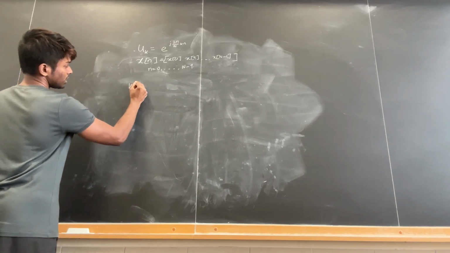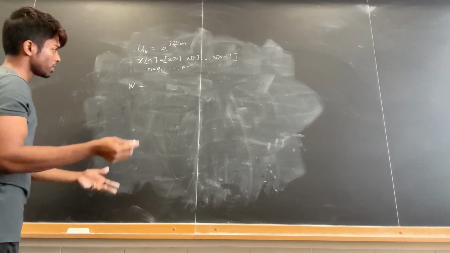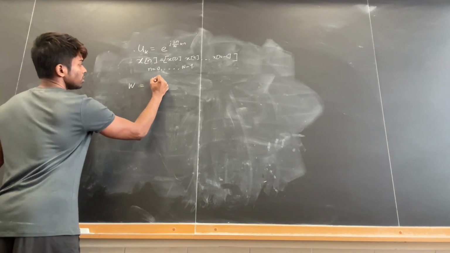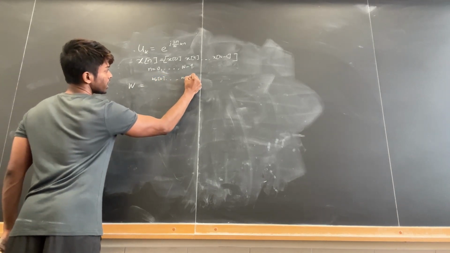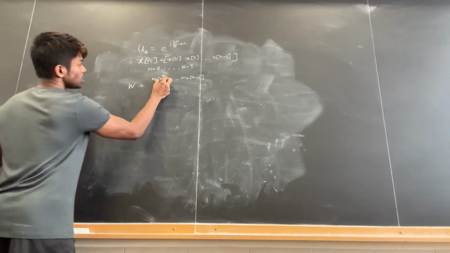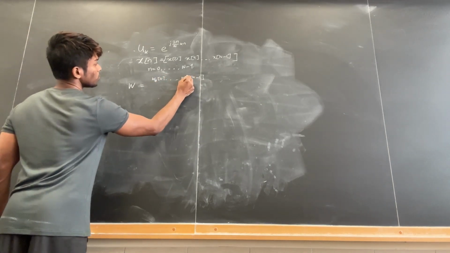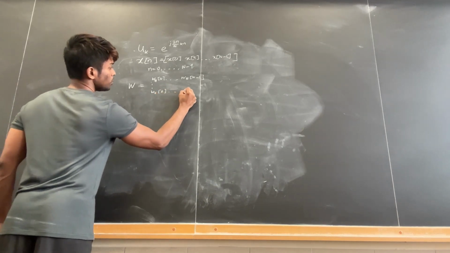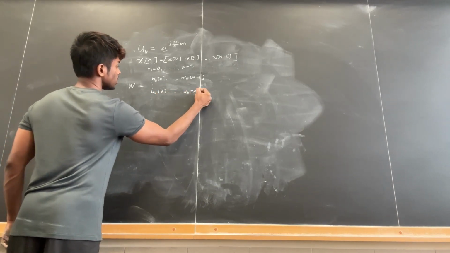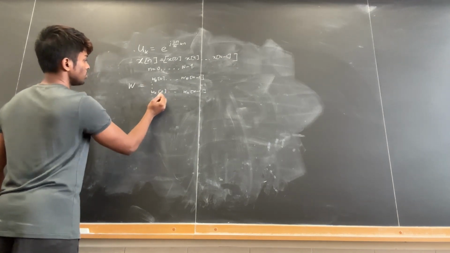So w is the basis vector for our Fourier basis, and these are several wk[0] up to wk[N minus 1]. So we say k is equal to 0 here. So w0. Now we put wk[0] to wk[N minus 1] here, and at the end, okay, we are done.